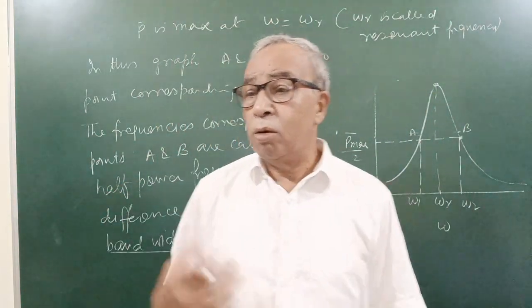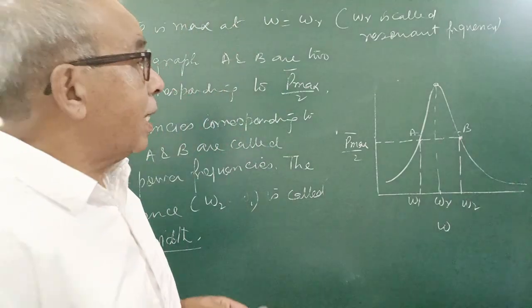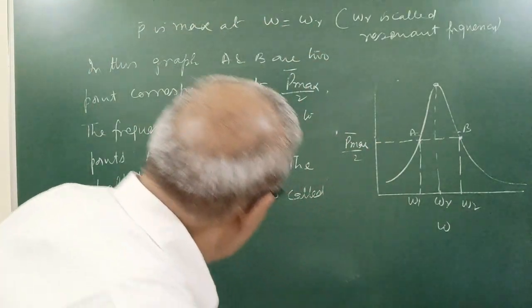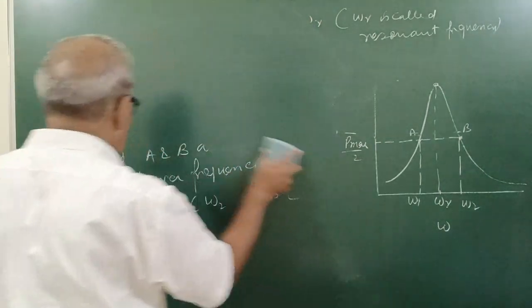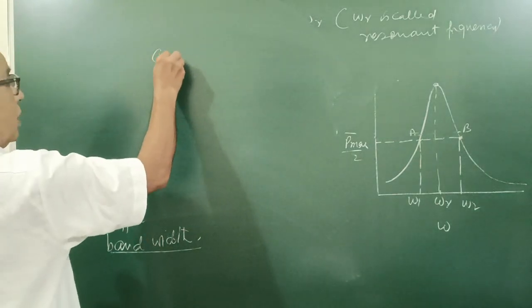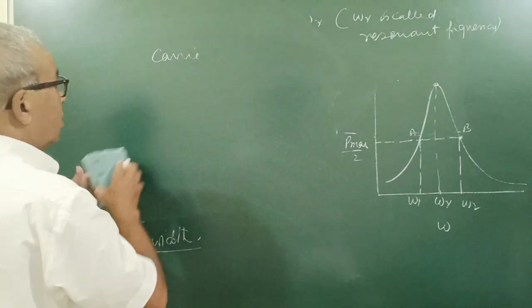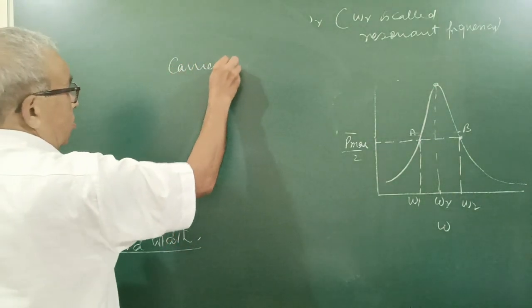So a loud sound signal or any other signal is superimposed over a carrier frequency. A carrier frequency is an electromagnetic wave of high frequency. Any signal is superimposed over this carrier frequency.